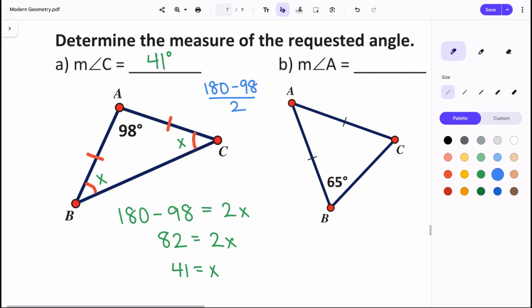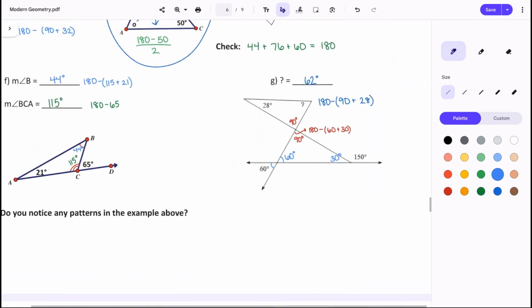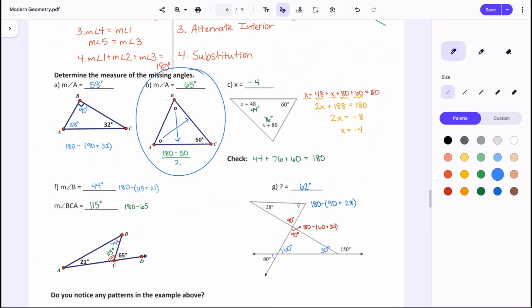I don't hate the x's in there, just because for some of you, especially when we were doing these problems yesterday, I'm just going to scroll back up, like this one here where there was a lot of x's involved. If you don't know what an angle is and you have a lot of expressions being given to you, you can just call anything that you don't know x. And then you can use that variable to help you set up an equation.